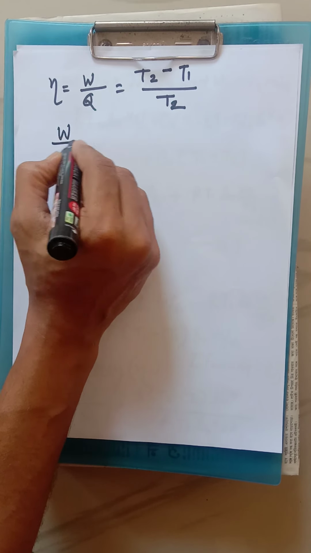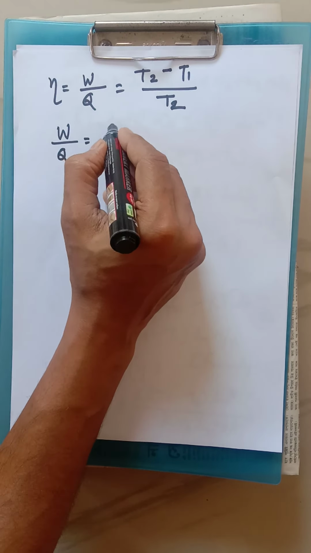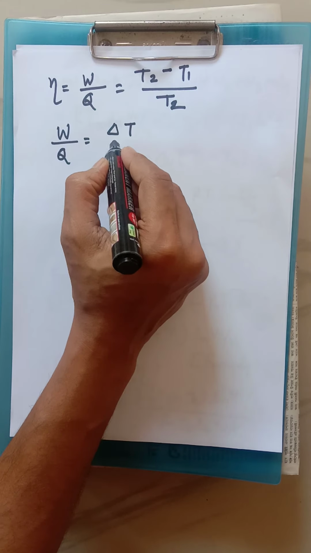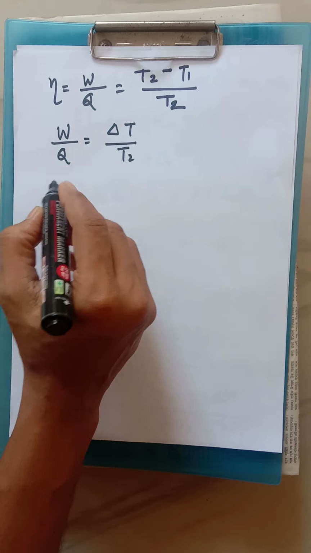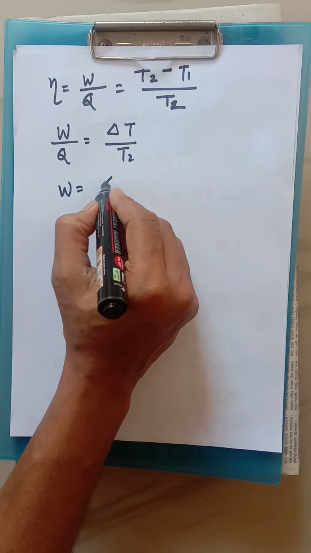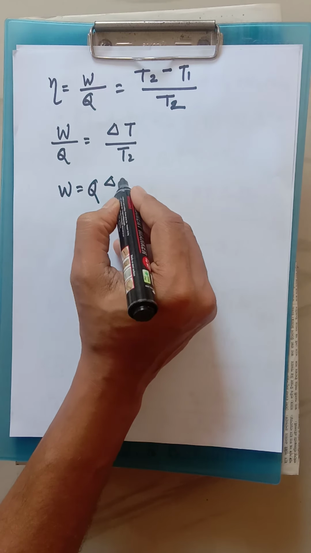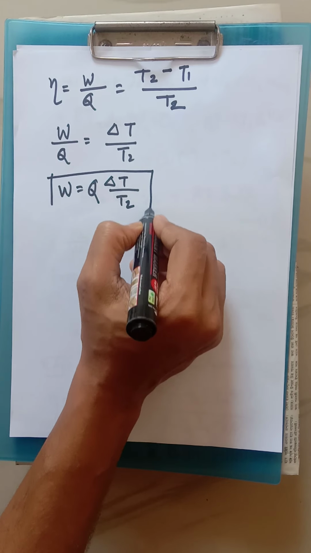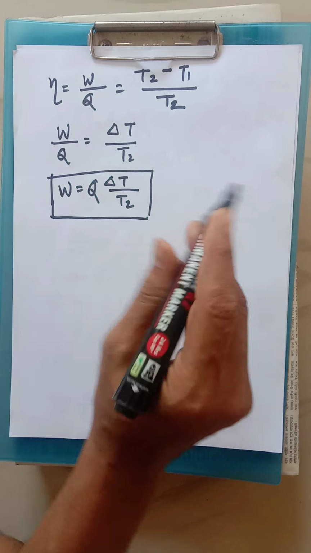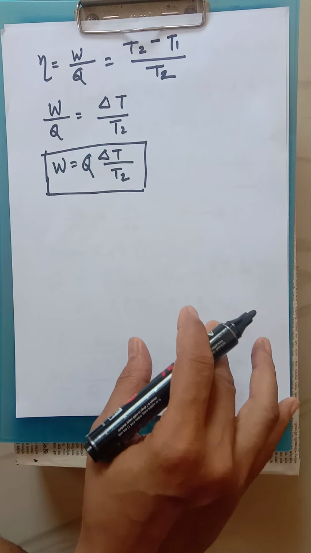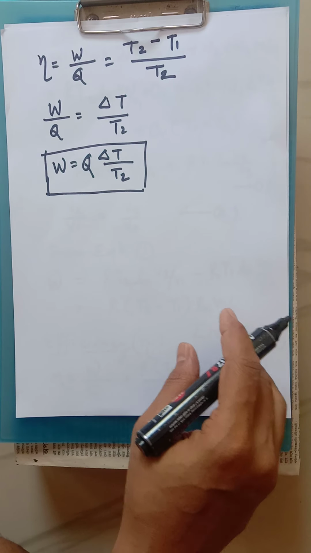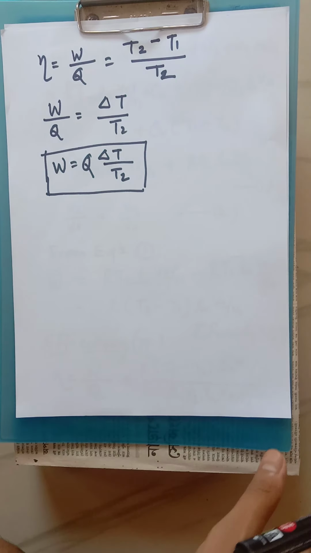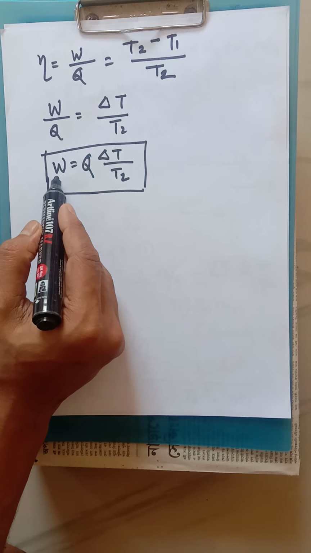So W by Q can be represented as delta T by T2. So W is equal to Q delta T by T2. So this is the amount of work obtained. This is the overall Carnot cycle we have discussed, so we have to remember that. In this way we can calculate the total amount of work obtained from this cycle.